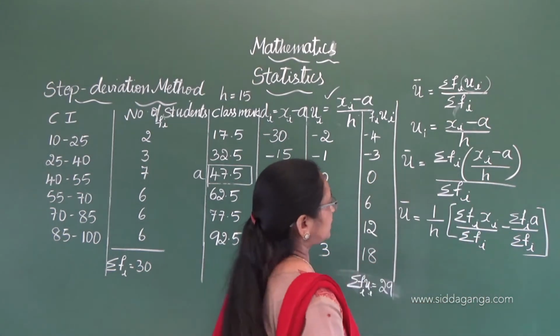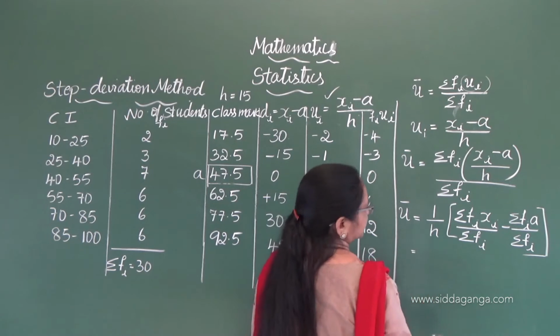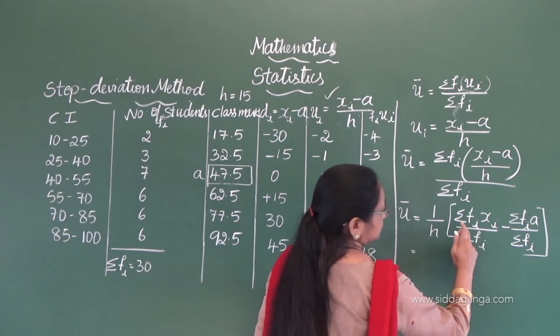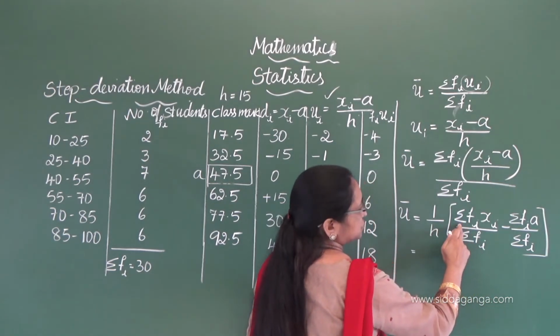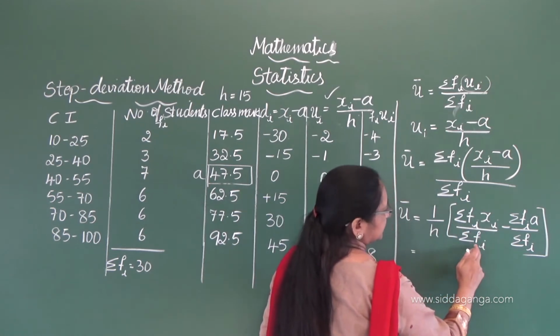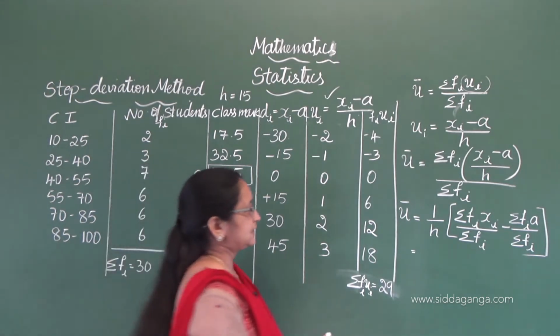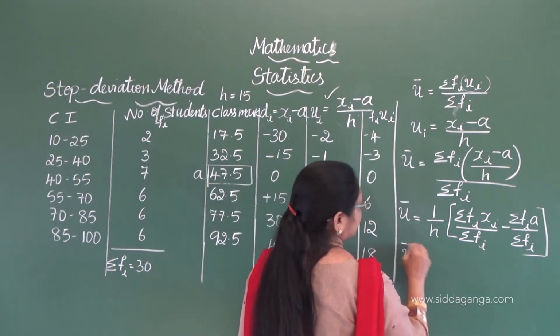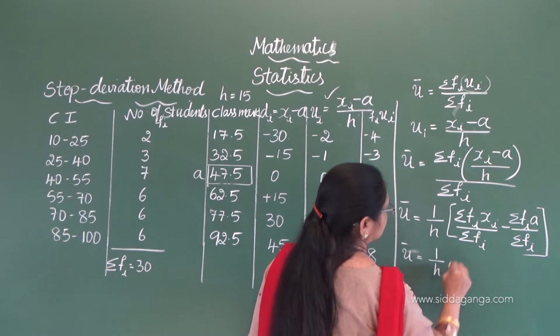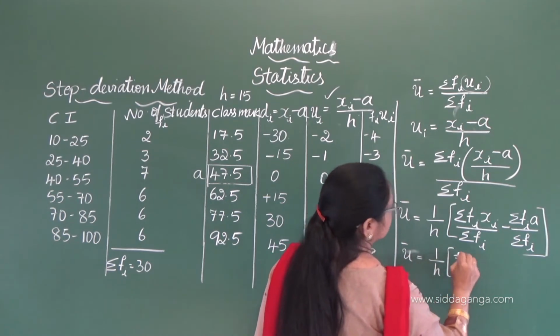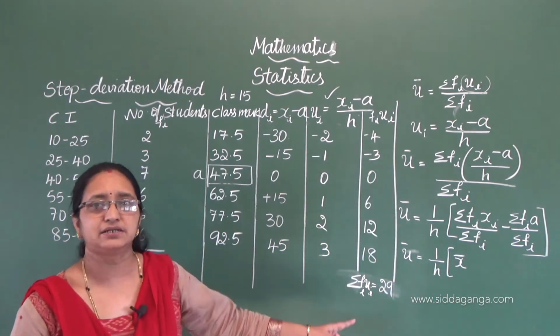Okay. Now observe carefully here. What is the summation of fi xi divided by sigma fi? Please try to recall. It is nothing but x bar, that is the mean.